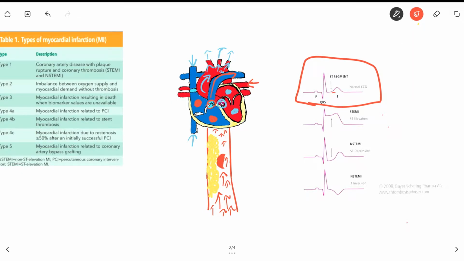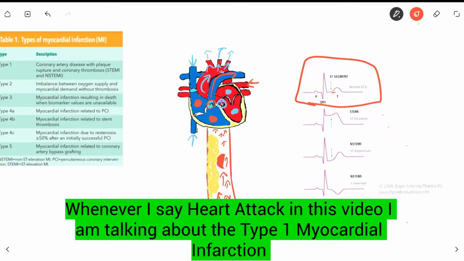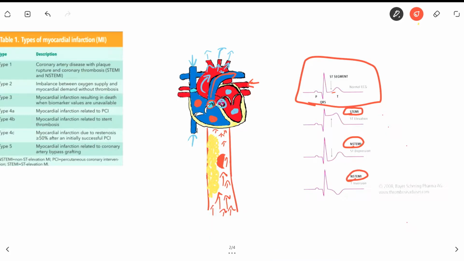Now, when you're having a heart attack, two things can happen: a STEMI or an NSTEMI, or a non-STEMI. So a STEMI is when the artery is fully blocked. So the blood flow is fully stopped to the heart muscles, and STEMI is usually more severe than NSTEMI.